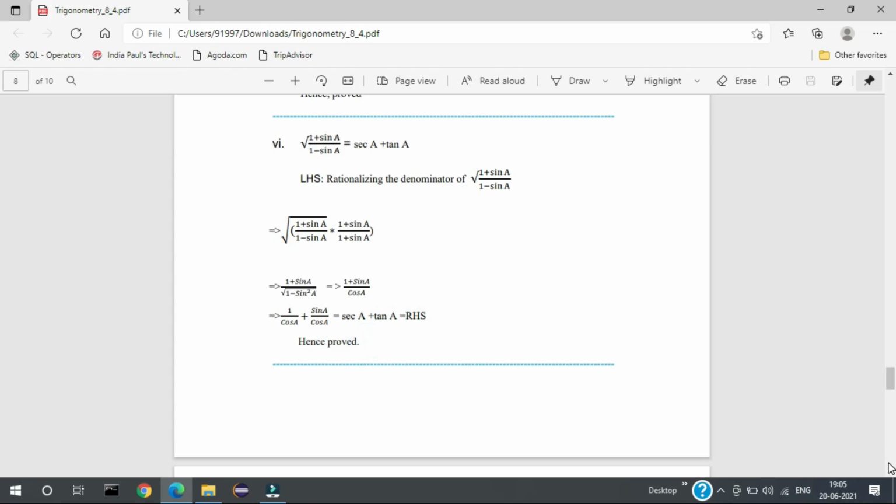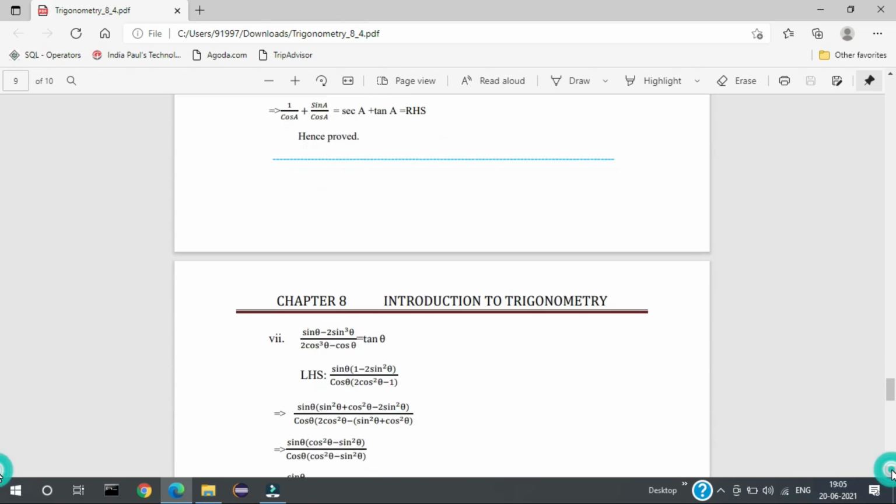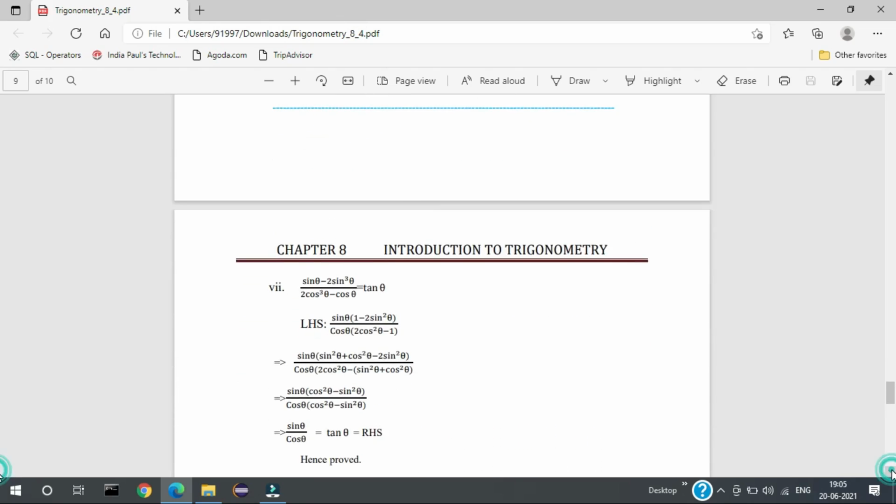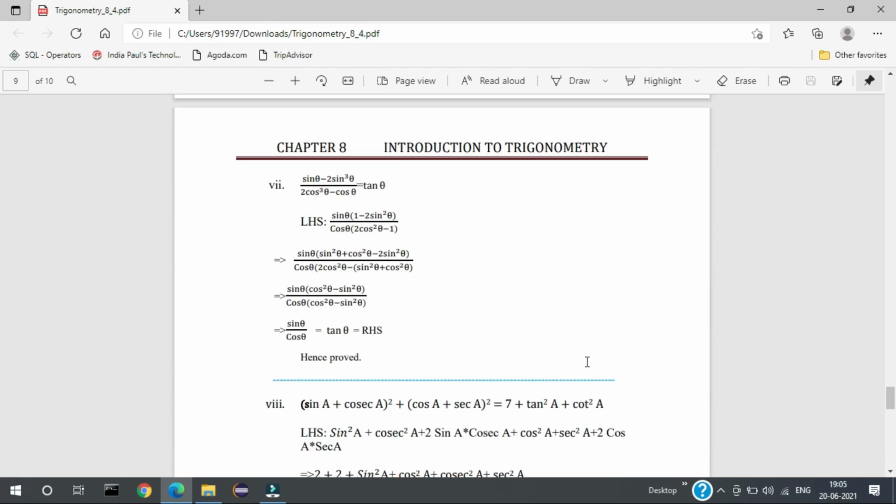Coming to next one. Sin theta by 2 minus 2 sin cube theta by 2 cos cube theta minus cos theta, that implies tan theta. So coming to LHS, sin theta can be taken out. 1 minus 2 sin square theta by cos theta, 2 cos square theta minus 1.